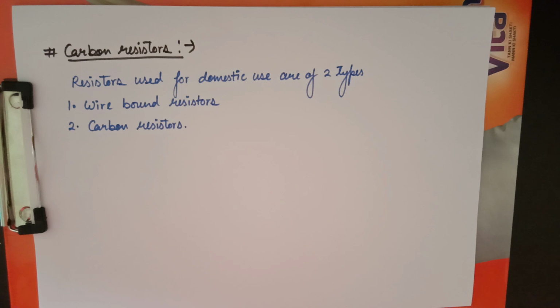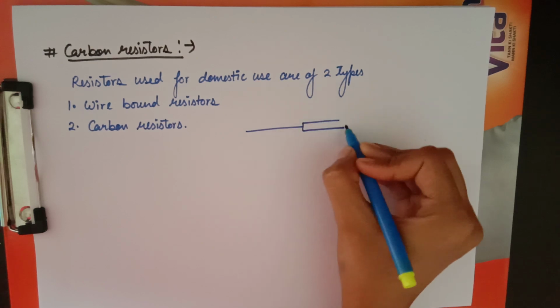Next topic in this chapter is carbon resistors. Resistors used for domestic use are of two types. Number one, wire bound resistors. Number two, carbon resistors. Carbon resistors are very compact in size and very inexpensive. You must have seen carbon resistors in your lab.